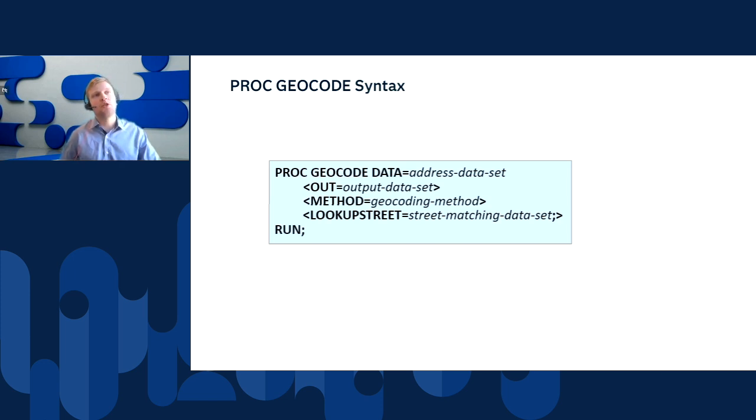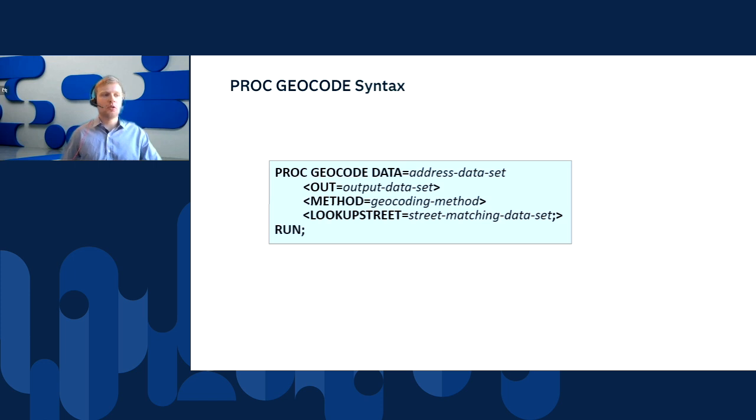So if we want to geocode street address data, we would specify street. And then if we are geocoding street address data, we need to tell SAS where to find our lookup data sets. So those street matching, street coordinates, and so on, the ones that are not in the SAS help library. And we can do that with the lookup street equals option.